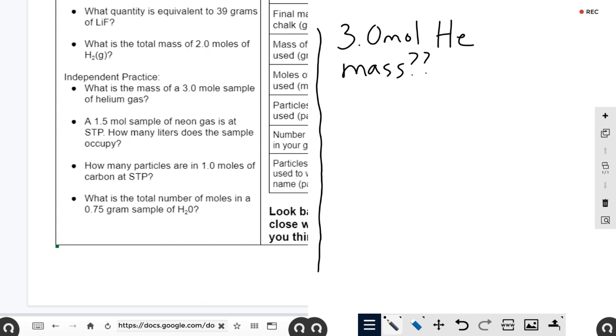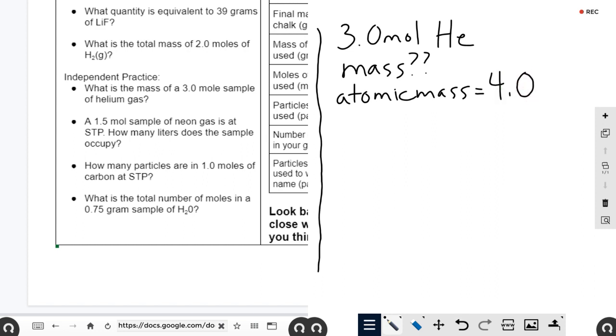I open the periodic table, looking at helium, and I find the atomic mass. If you look at your periodic table, do you see it? The atomic mass is 4.0.